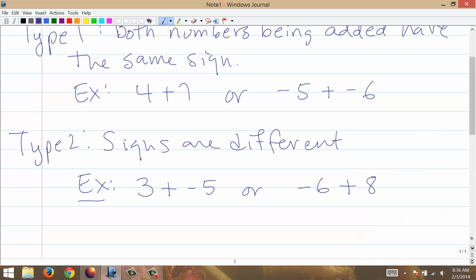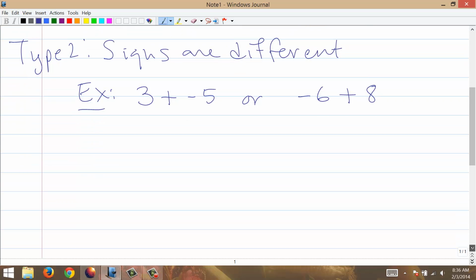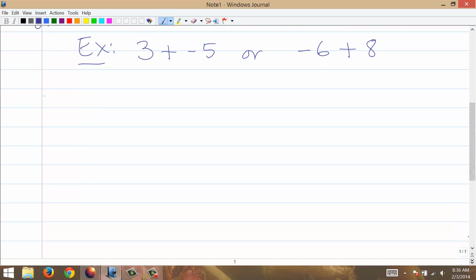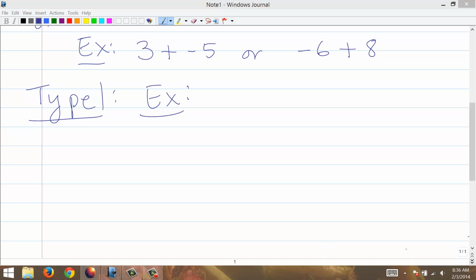So let's look at an example of the type 1 type where both signs are the same. Obviously the easiest one of this kind would be if both of them are positive, and that's probably the one that we're most familiar with. So if we had something like 6 plus 5, then you just straight add them, or think about it from a number line perspective.